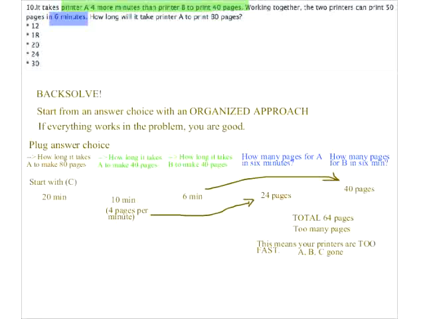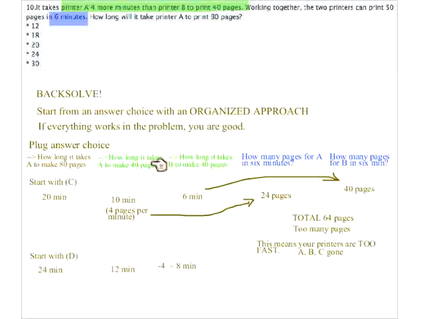So let's try D. So 24 minutes. So that means that it's 12 minutes to make half as many pages. Minus 4 is 8 minutes.